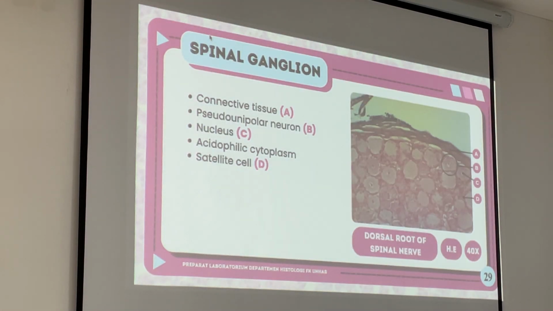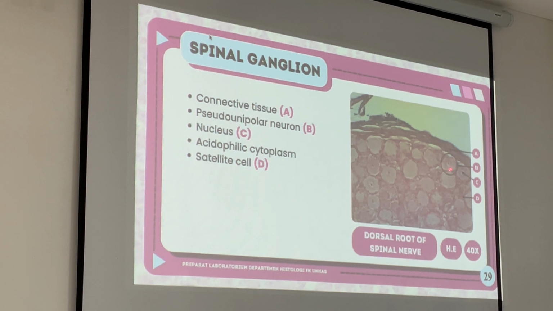Okay, in the dorsal roots, there's a spinal ganglion, or ganglion spinale. Actually, it's a pseudounipolar neuron, or pseudomultipolar. We can see the satellite cells surrounding the perikaryon.